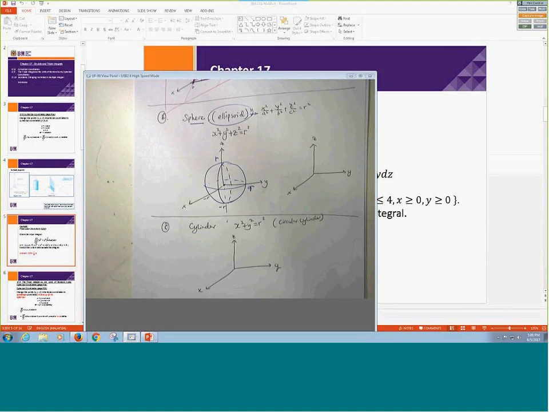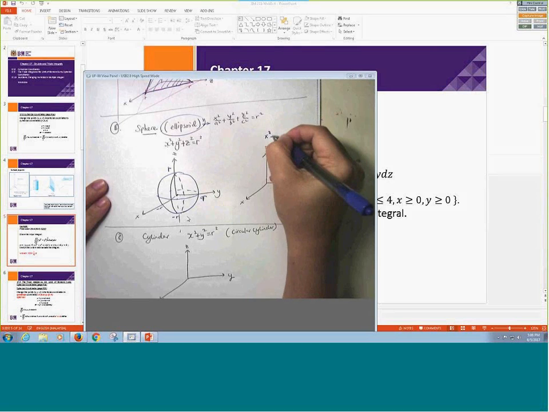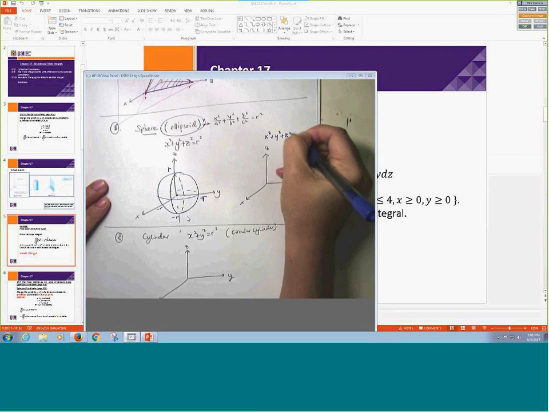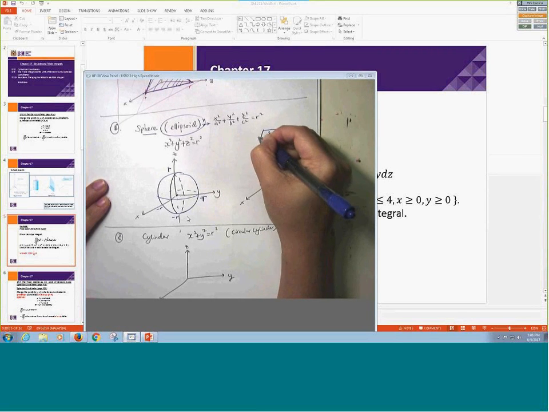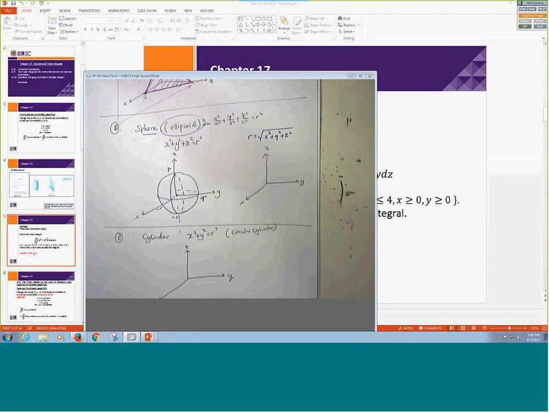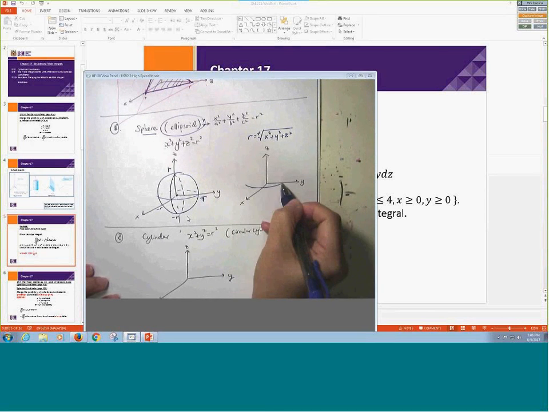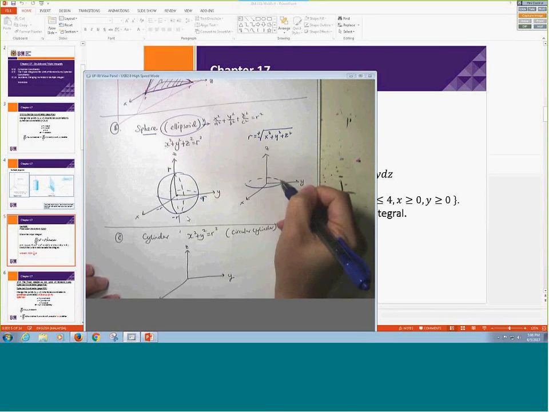One more thing: if the equation is the square root of x squared plus y squared plus z squared, then you will get the hemisphere, and because this is positive, you get the half sphere.